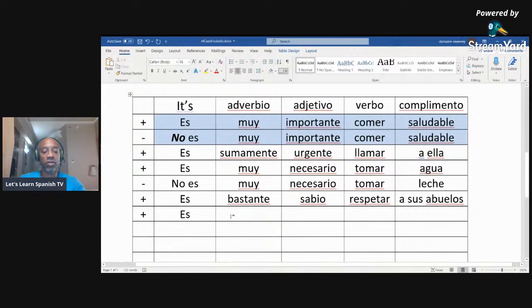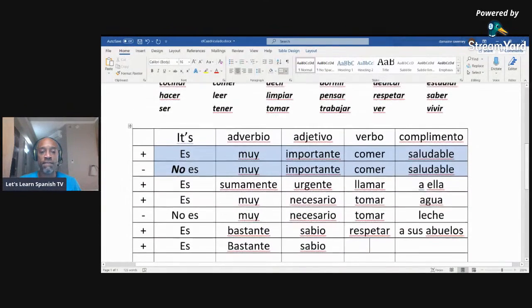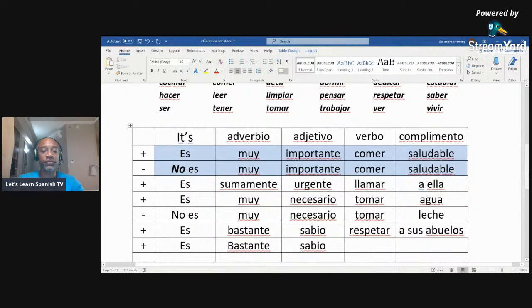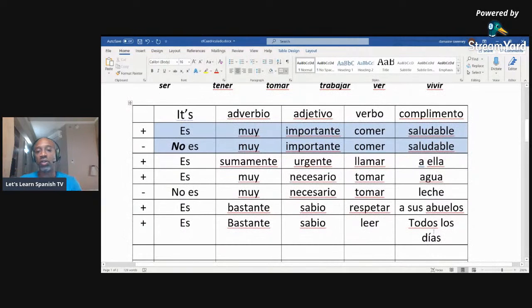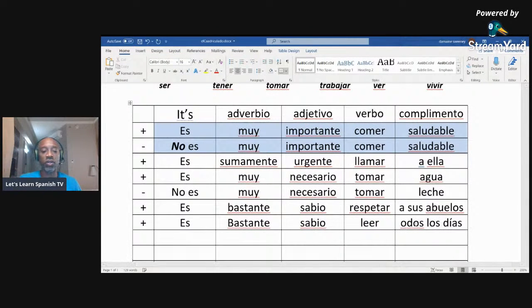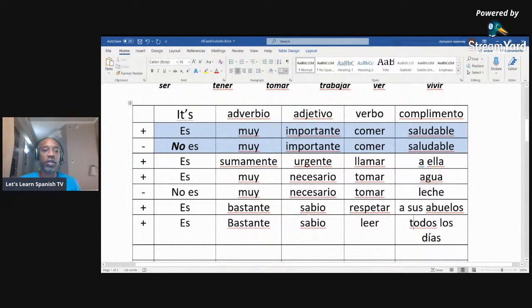Es bastante sabio leer todos los días. Okay, all right.